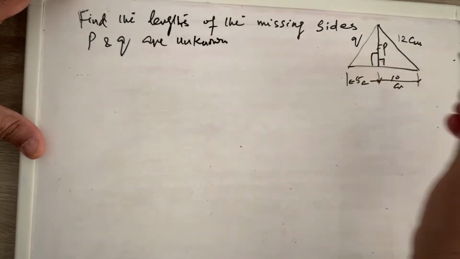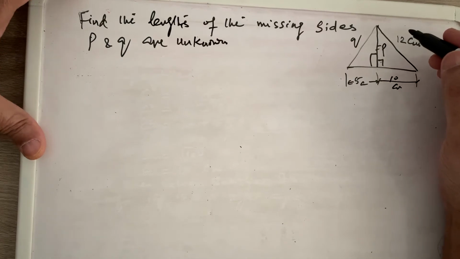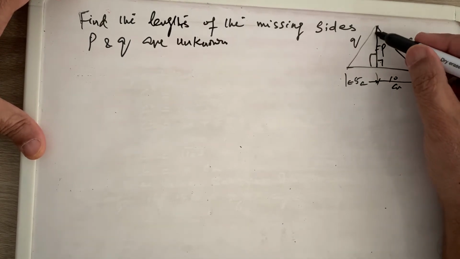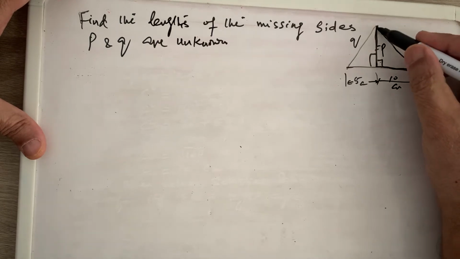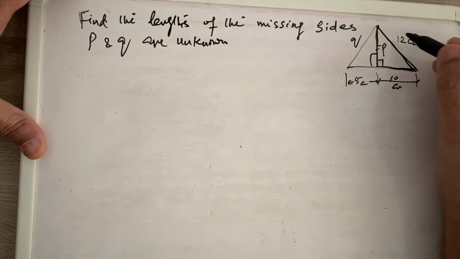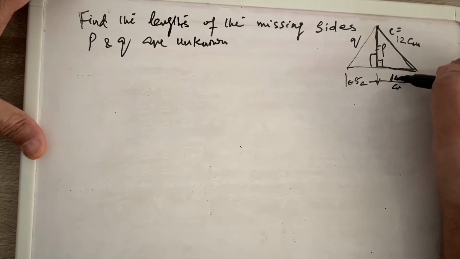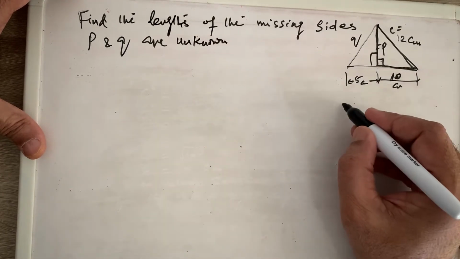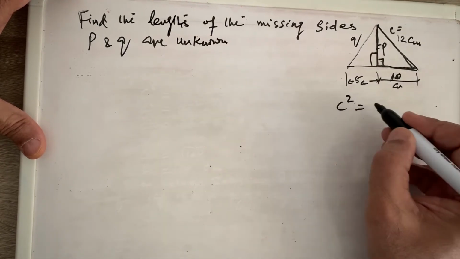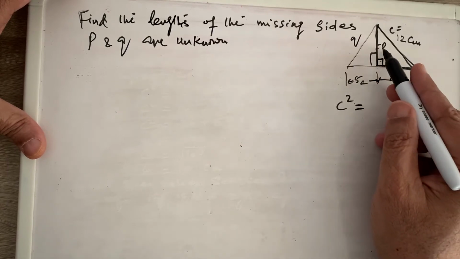If we see this diagram, we can see that there is a right angle triangle where two sides are given. The longer side is given, that is C, and one of the legs is given. So if the longer side and one leg are given, we can use the Pythagorean theorem to find the other leg, that is P in this case.